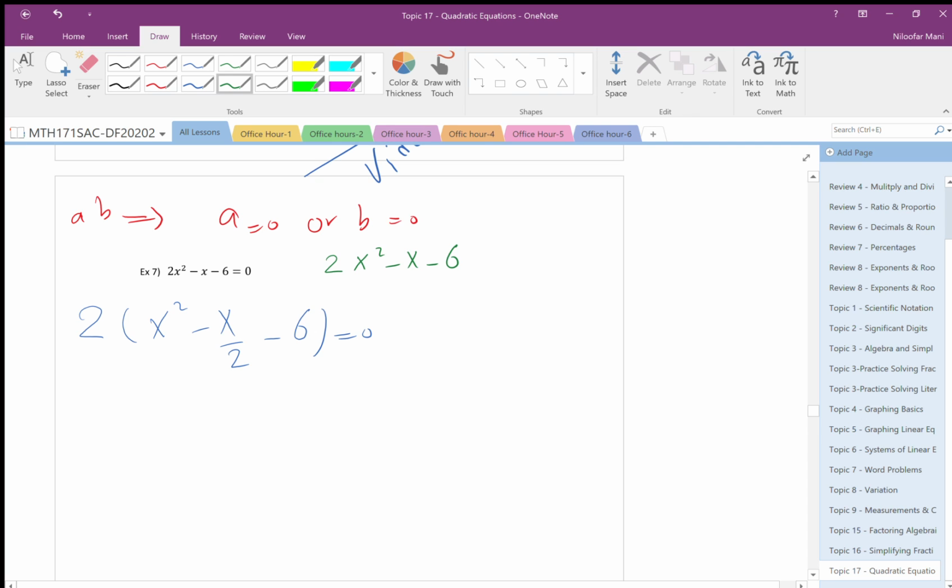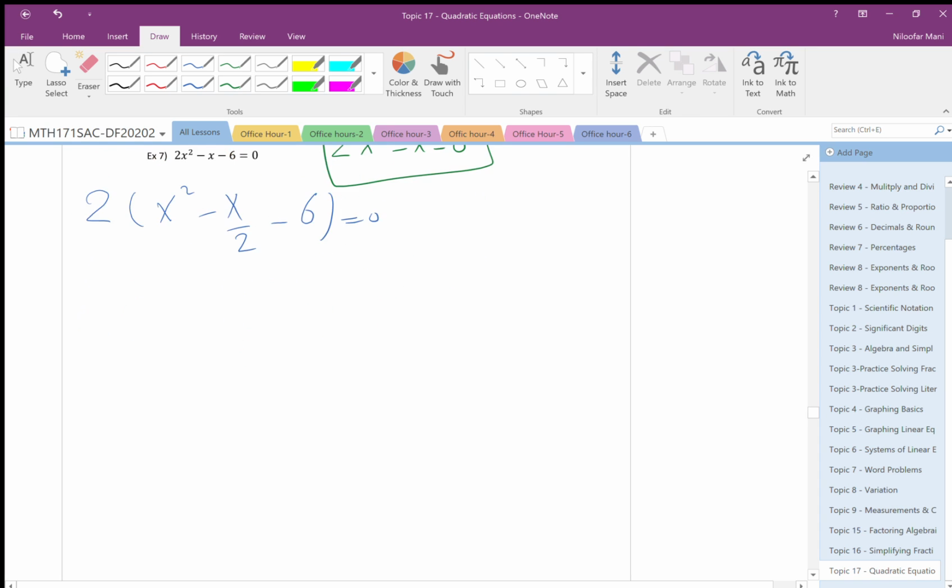So if I have something equals 0, yes, I can factor 2 and say the bracket equals 0. But when I have just a math expression, I'm not able to do that.